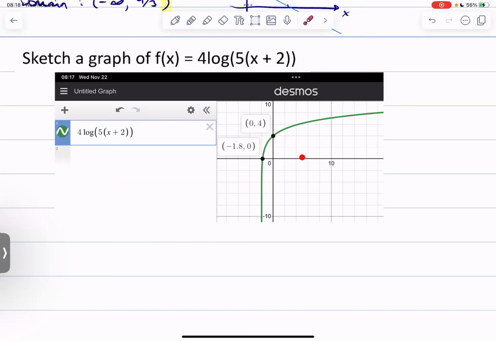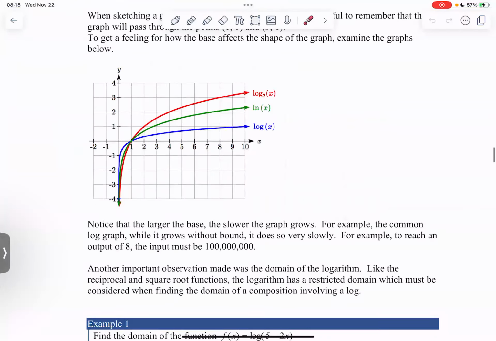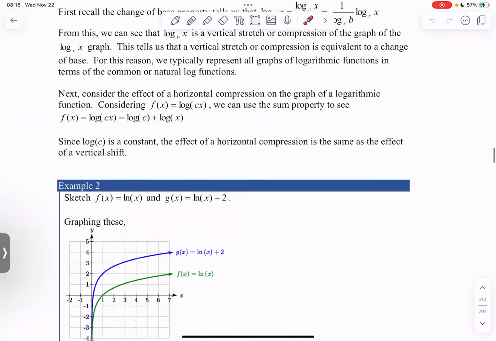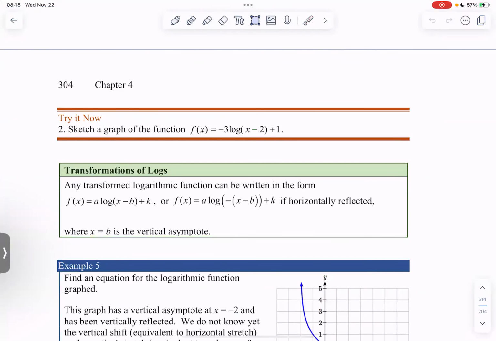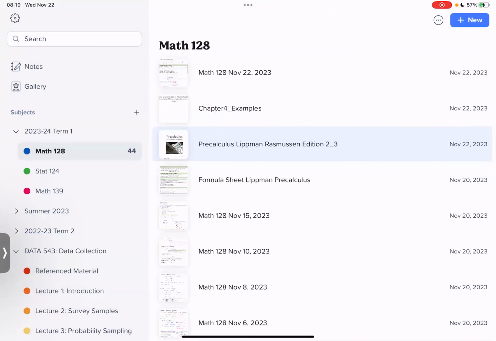We only had a horizontal intercept. And so it looks like, well, we know it should be passing through 1, 0, from before. So it's definitely been shifted over this way, which would shift your vertical asymptote. And so without anything further, we can rewrite the graph, any log transformation. Let me grab this in here.